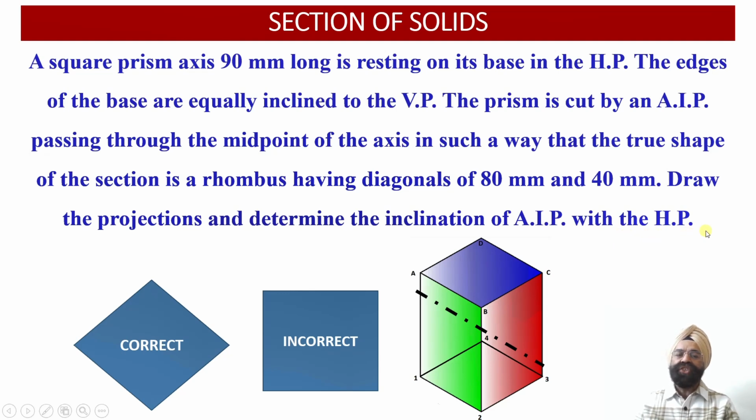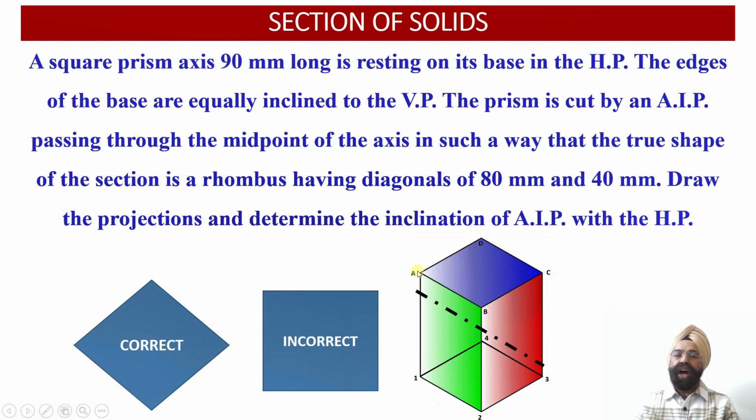Now here we can check another thing, that even the edge of the base has not been provided. So we have two missing pieces of information in this particular problem. First, the orientation of the auxiliary inclined plane or the cutting plane with respect to HP has not been provided, and the edge of the base has also not been provided.